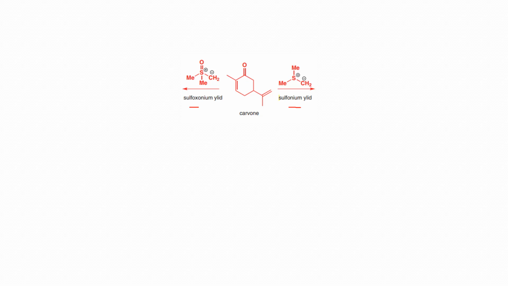I have already told that sulfoxonium halide behaves similar to the stable sulfonium halide, and that stable sulfoxonium halide always reacts with the alpha beta unsaturated double bond, whereas sulfonium halide reacts with the carbonyl compound. So what will be the product in this case?